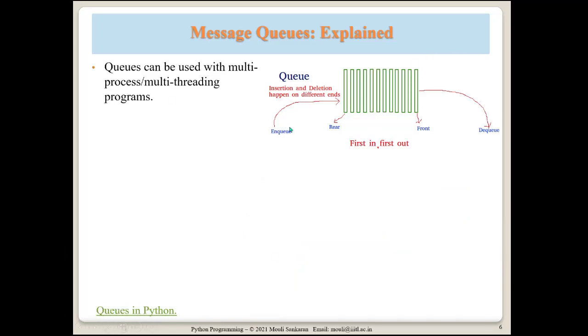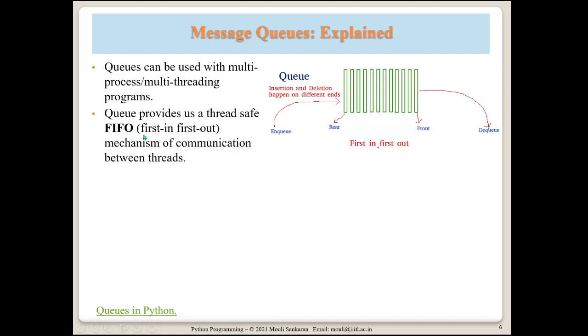Queues can be used for multi-process and multi-threading programs where you want to exchange information between two threads, not through memory, but by passing it through a message queue. Actual data is getting passed. Queue provides us a thread-safe FIFO. So the message queue operation is thread safe.